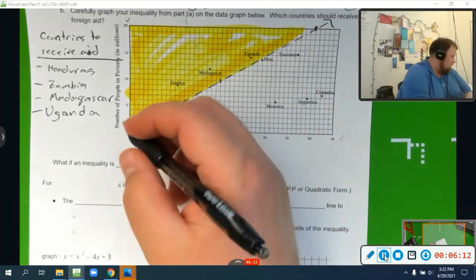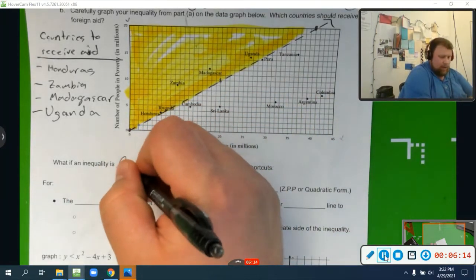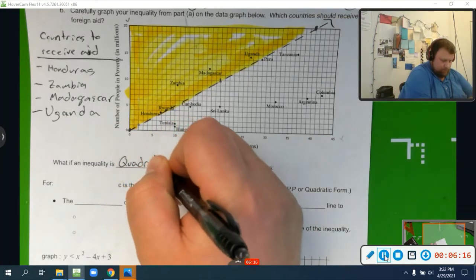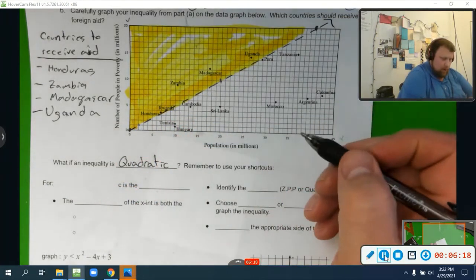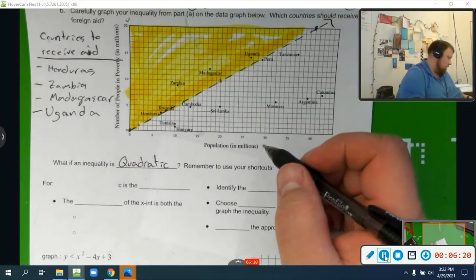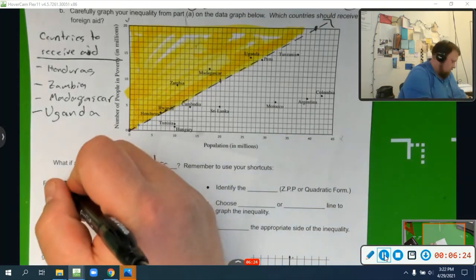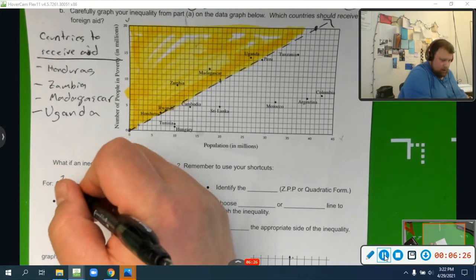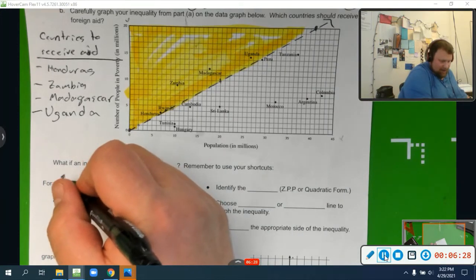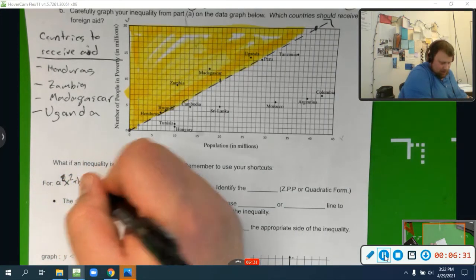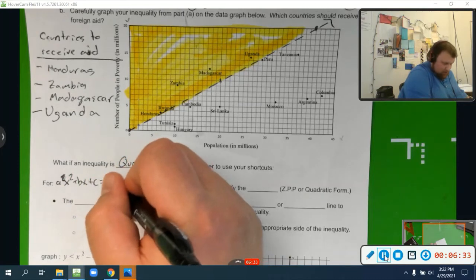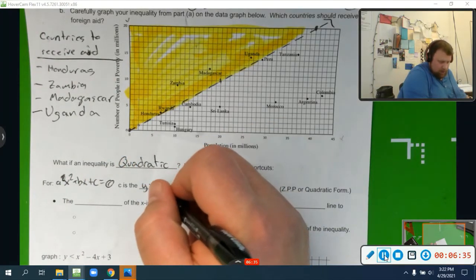What if an inequality is instead quadratic? Remember to use your shortcuts. So, for ax squared plus bx plus c equals 0, c is the y-intercept.